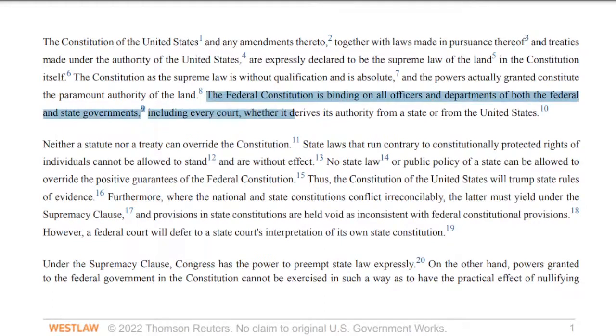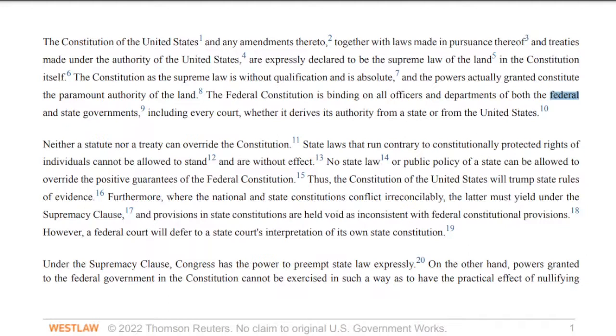The federal Constitution is binding on all officers and departments of both the federal and state governments. So the U.S. Constitution is binding on all officers and all departments of all state governments, federal governments.